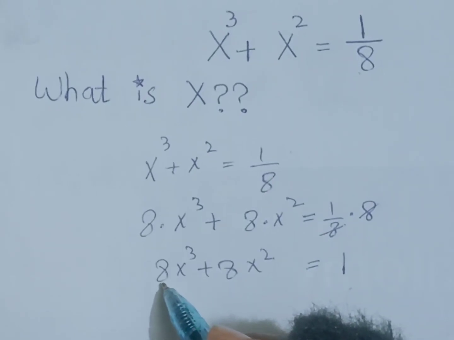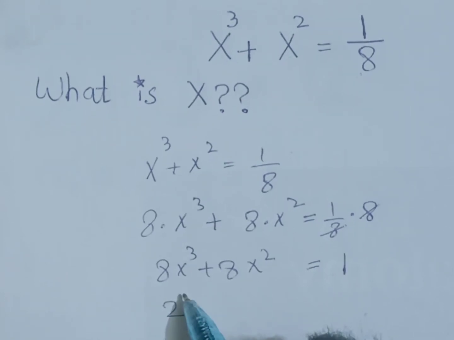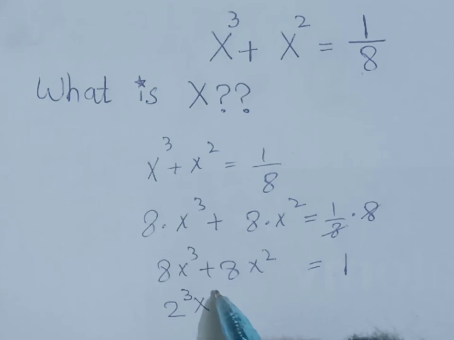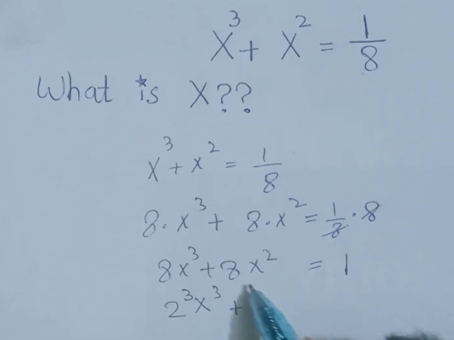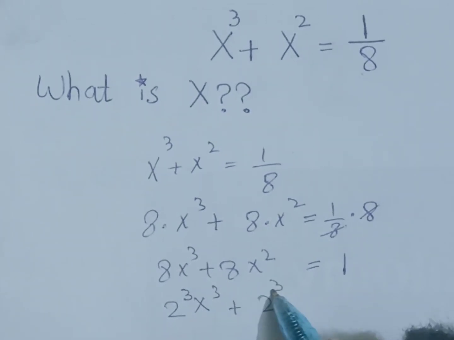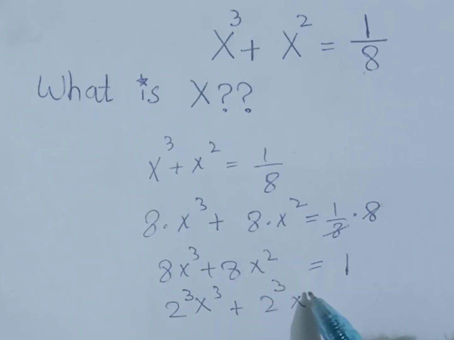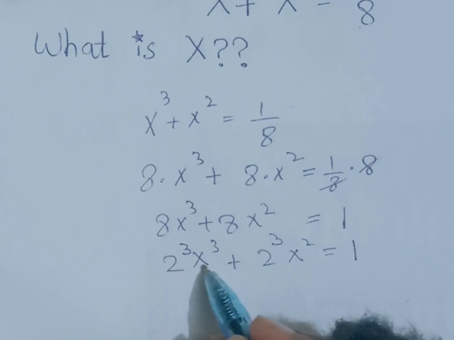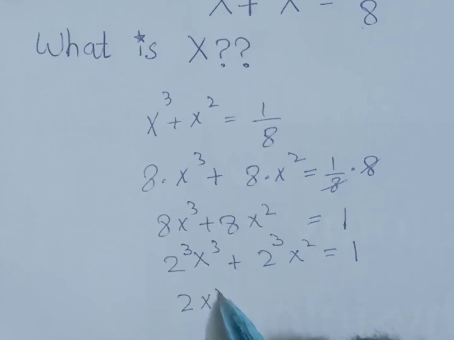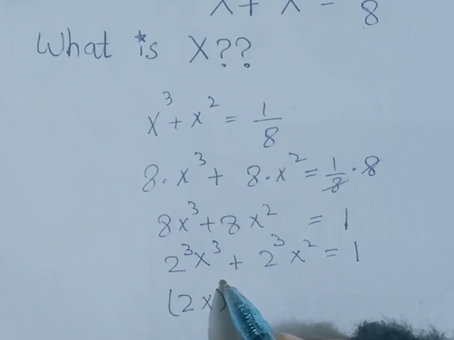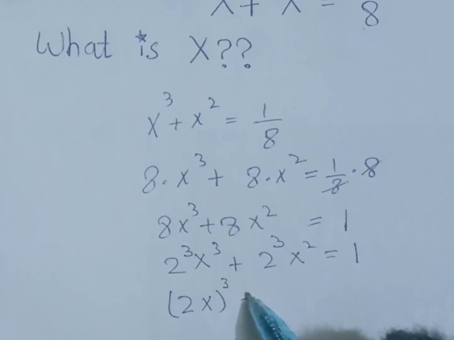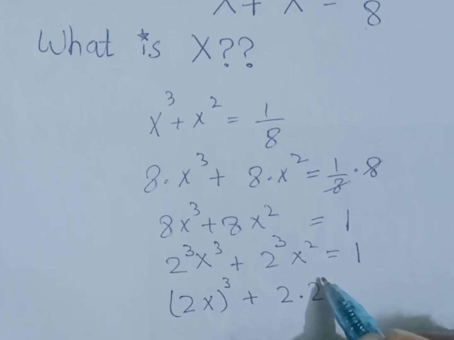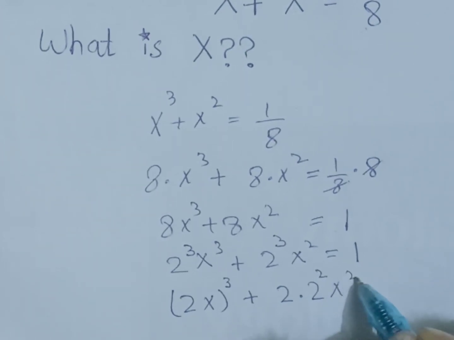We can write this 8 as 2 raised to power 3, which is equal to 8, so x cube plus 8 we write as 2 raised to power 3, and then x square is equal to 1, and we can write this as 2x whole power 3 plus 2 multiply 2 raised to power 2 and x square equal to 1.